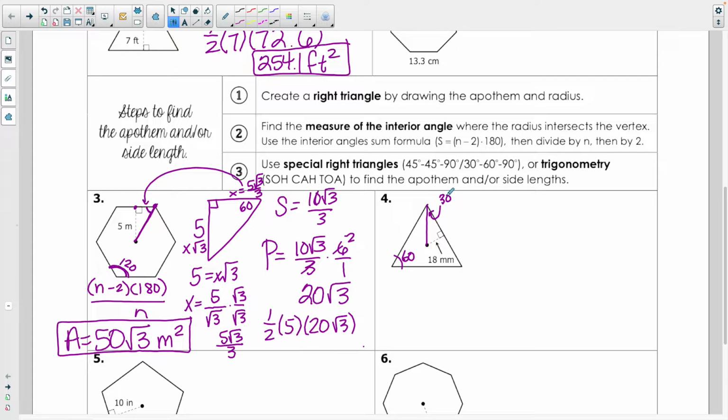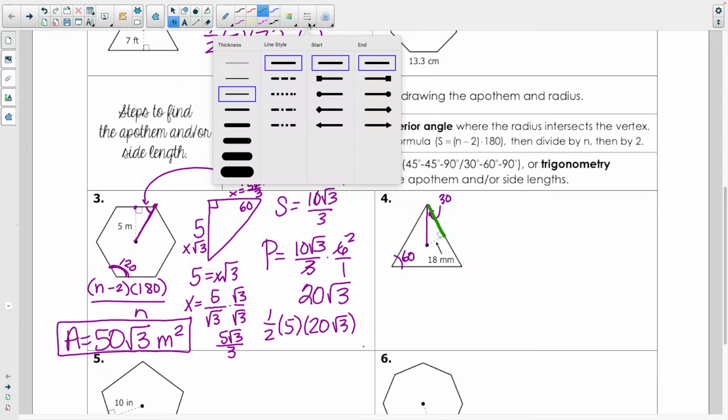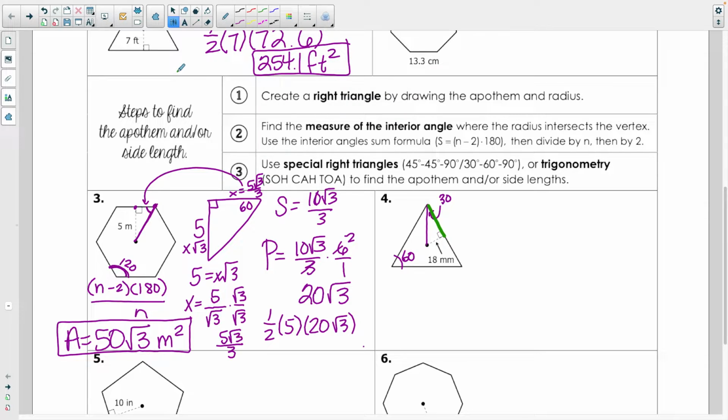Is 18 the short, the long, or the hypotenuse? The short. So it's the x value. Do you need the hypotenuse or the long? The long. So what is the long value? 18 square root of 3. So this guy right here in green is 18 square root of 3.